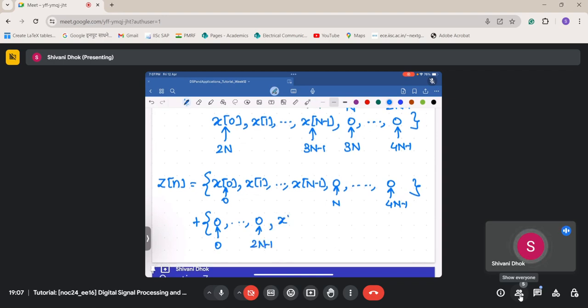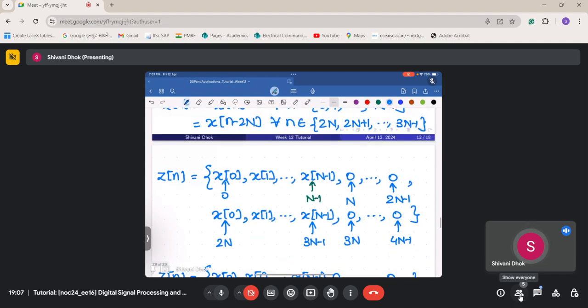Then I'll have x of 0, and so on till x of N minus 1. This is at 2N, this is at 3N minus 1. Then I'll have 0 from 3N, and so on 0. This is at 4N minus 1. So now if you add these two sequences, then I'll get this z of n sequence.